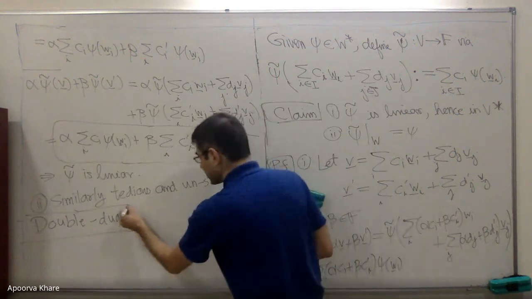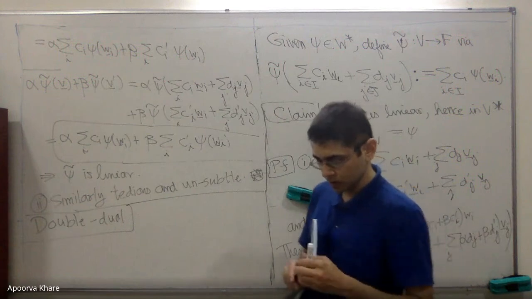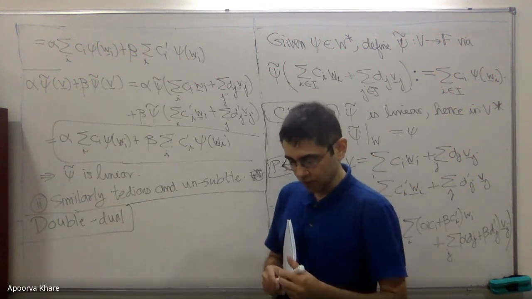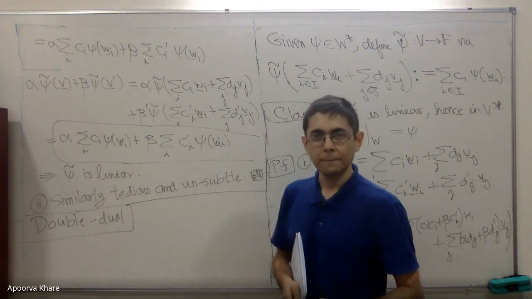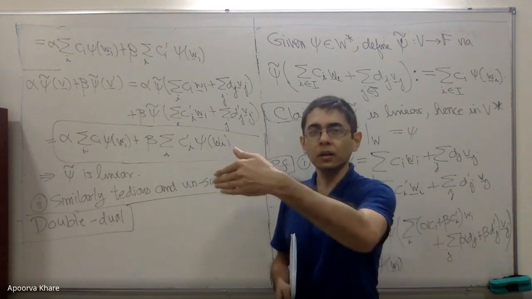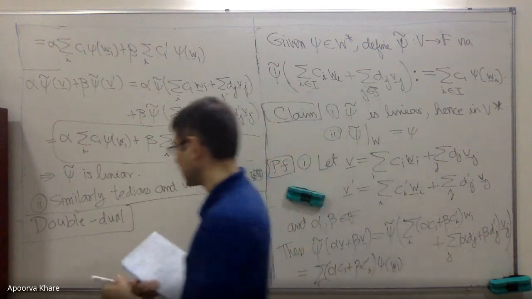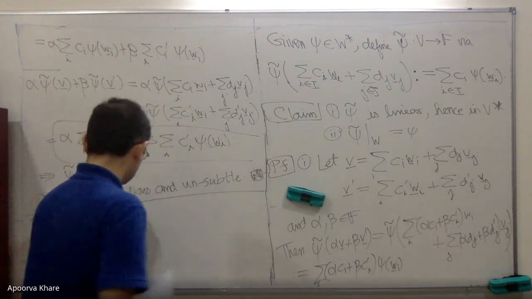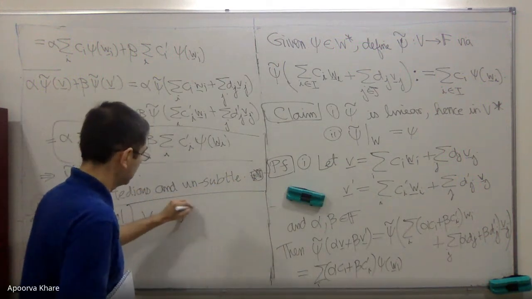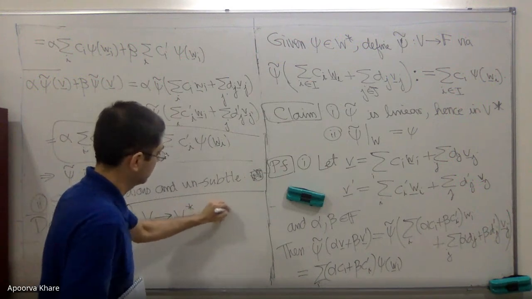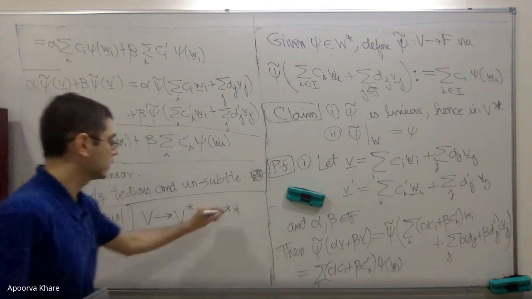For every vector space, you have a dual space, and we said that the dual space of a vector space is a vector space. So it has a dual. So V to V star to V star star. There's nothing new in this.